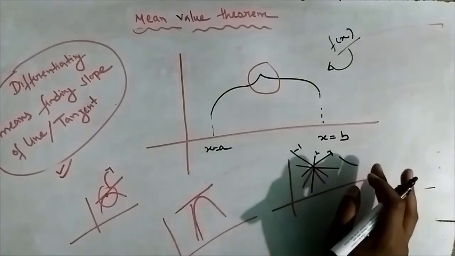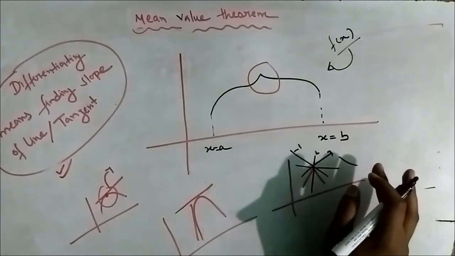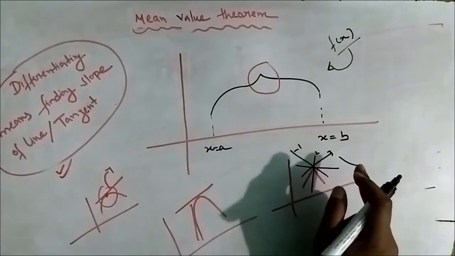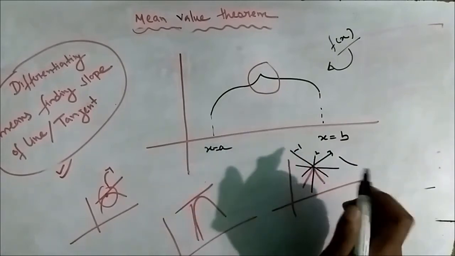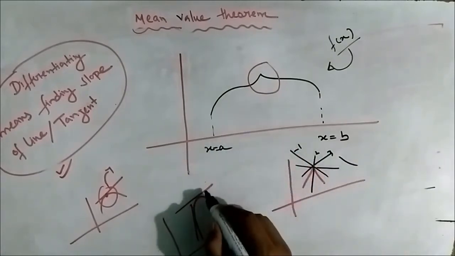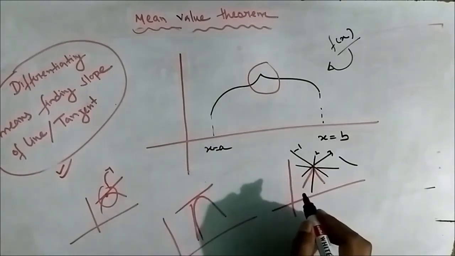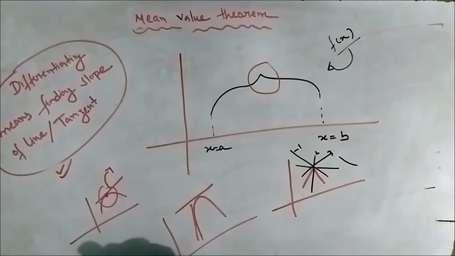So at a sharp point we cannot draw the tangent, because it violates the definition of a tangent. According to the definition, every point must have a unique tangent. In the case of a sharp point, there is not a single tangent, there exist many tangents.